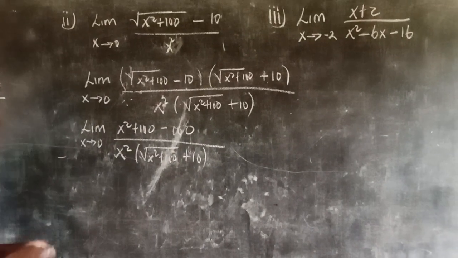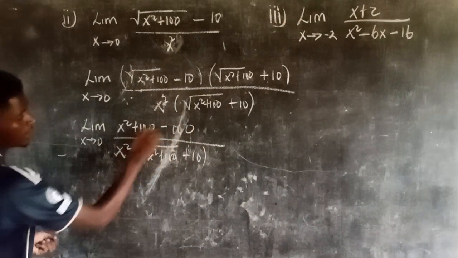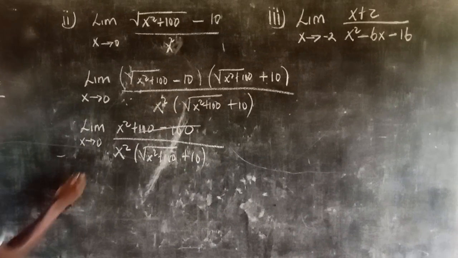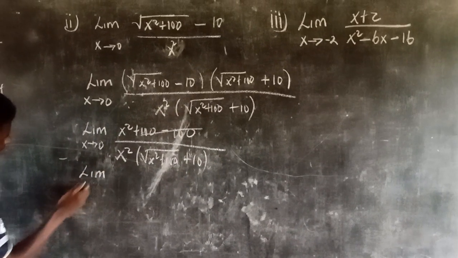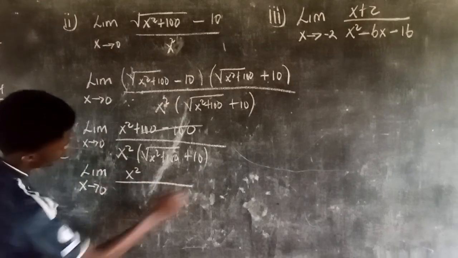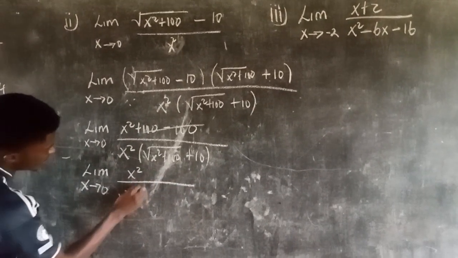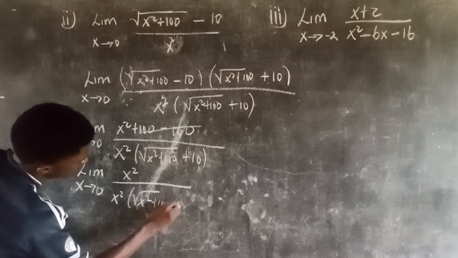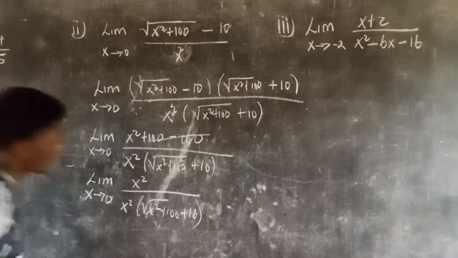Where we've reached here, you can see that 100 and 100 cancel because they are subtracting the same magnitude. Then you remain with the limit as x approaches 0 of x squared over x squared times the root of x squared plus 100 plus 10.